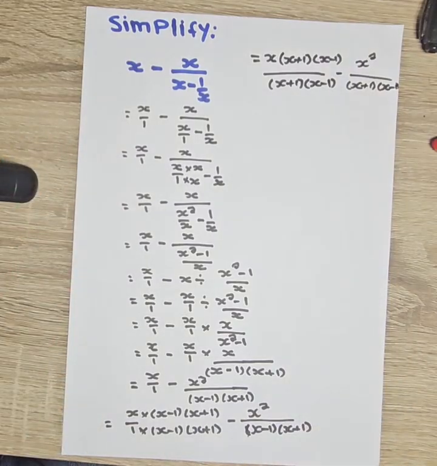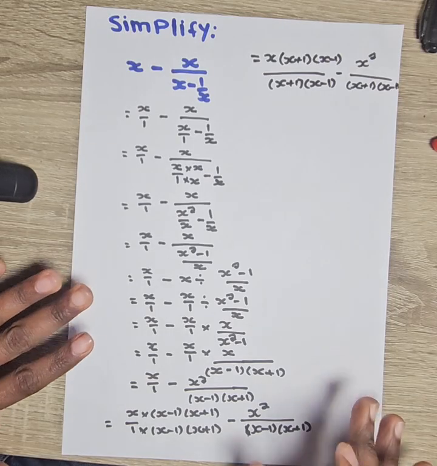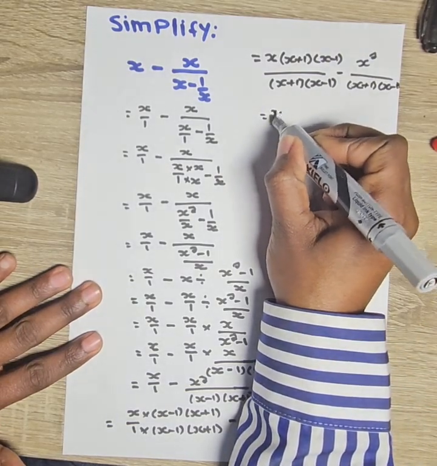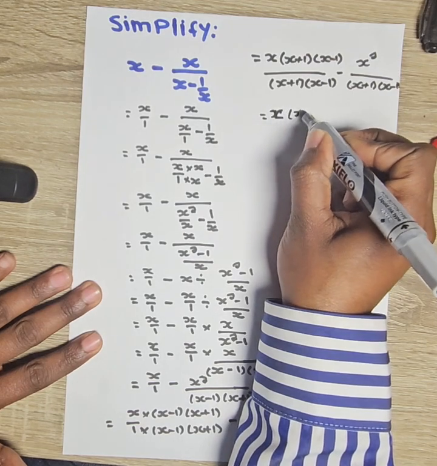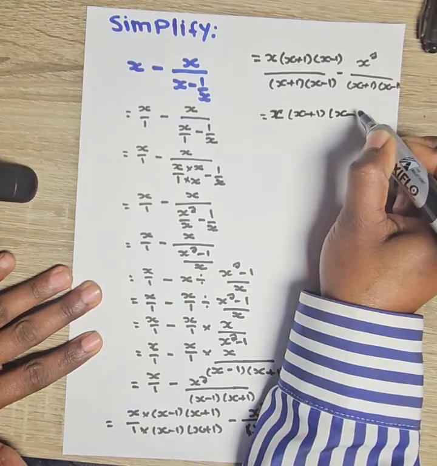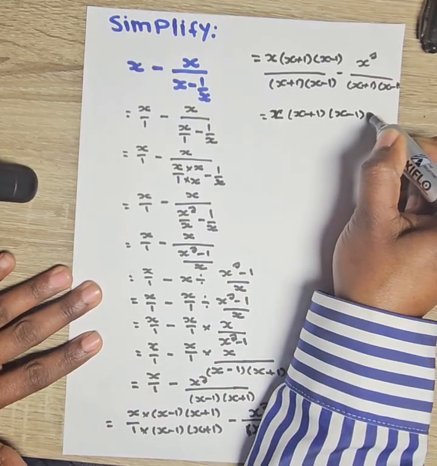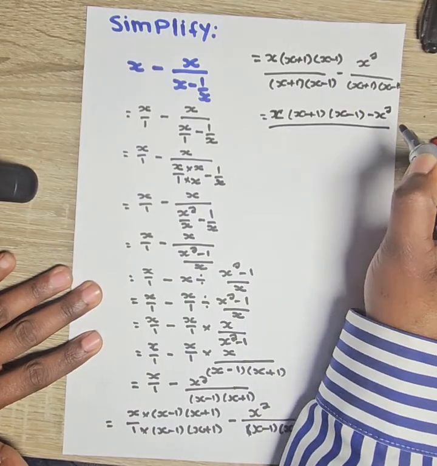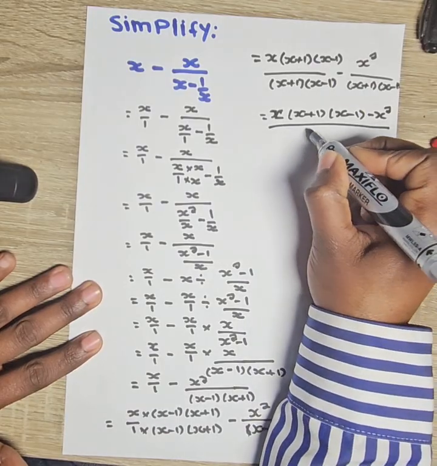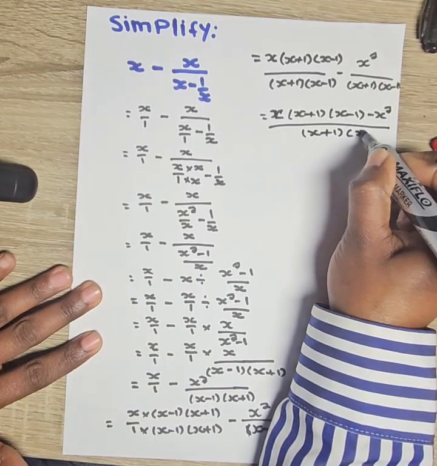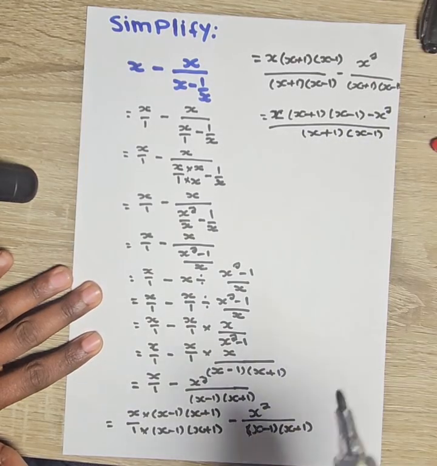Now you make everything clear. You have the same denominators. Now your step is equal to x times x plus 1 times x minus 1 minus x square over, take just one denominator, x plus 1 times x minus 1.